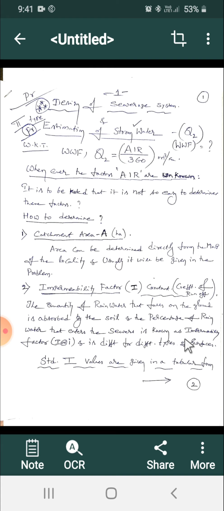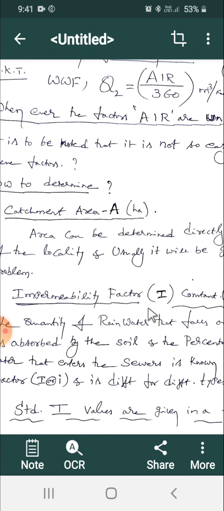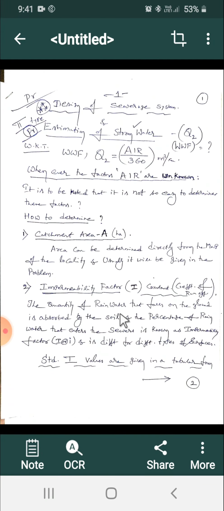Try to understand this sentence very carefully. Whenever there is a rainfall, the quantity of rainfall that falls on the ground is absorbed by the soil. It is going to absorb.